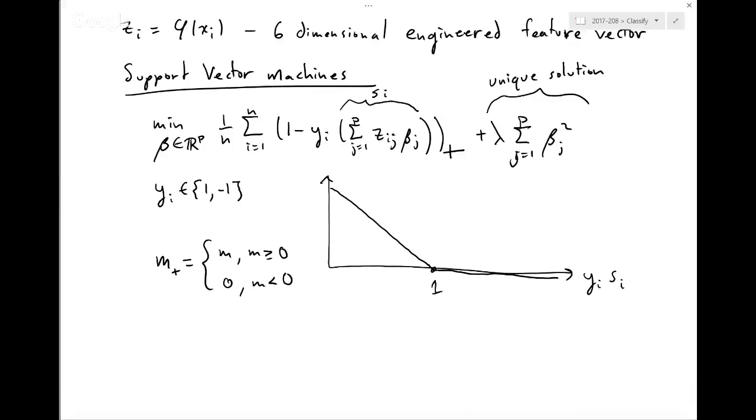Is there any reason that you prefer this form of penalization to other forms? Yeah, so this form of penalization has a couple of advantages. One is that numerically, it's nice to work with the sum of squares. It's differentiable, being quadratic.